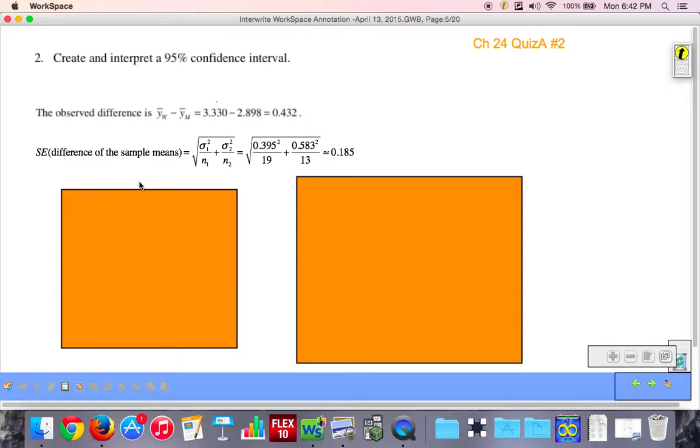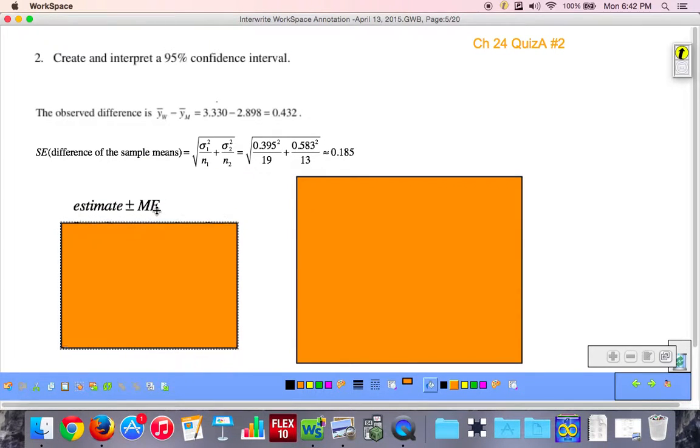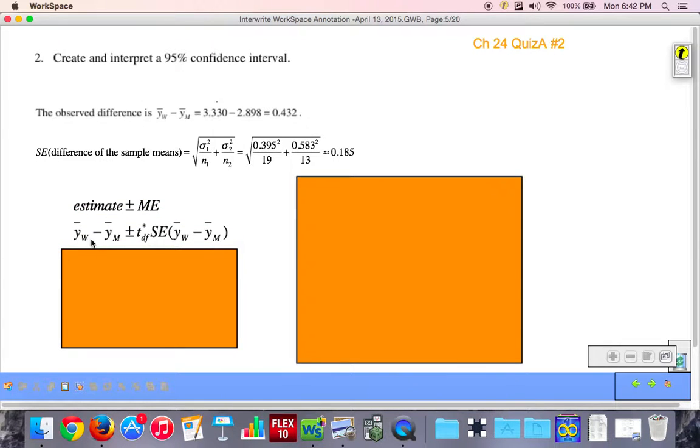Let's take a look at the general form of any confidence interval. Estimate plus or minus margin of error. So our estimate is the observed difference plus or minus the critical t-score for a 95% confidence interval with 19.44 degrees of freedom.